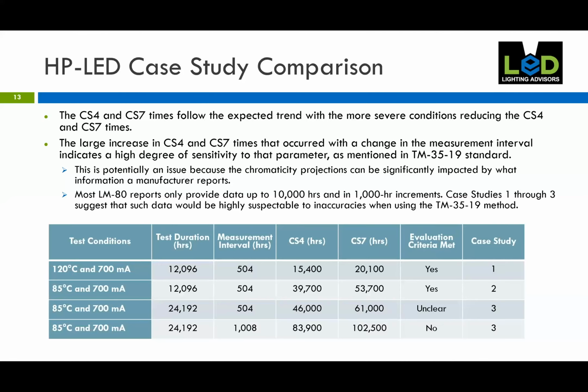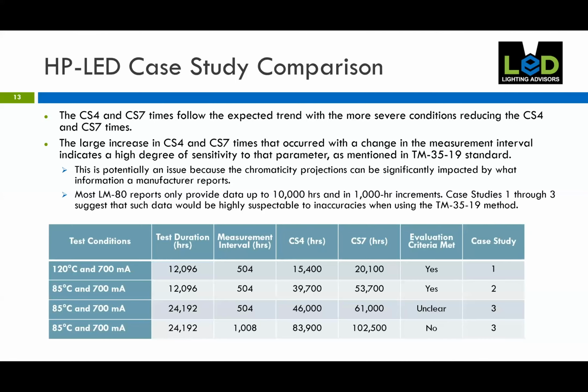So you reach these color shift thresholds faster at 120 C than you do at 85, which is consistent. Then when you consider the difference in the test duration, it also strongly impacts the CS4 and CS7 thresholds.